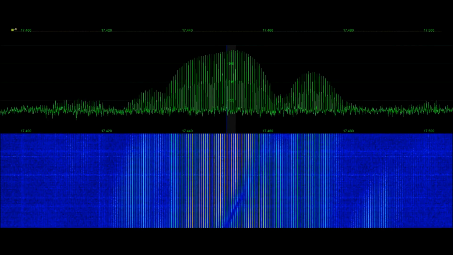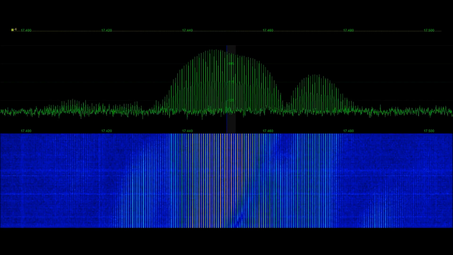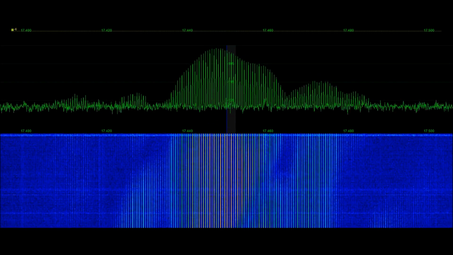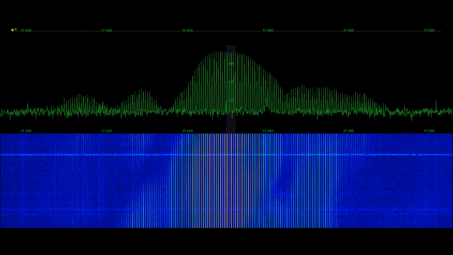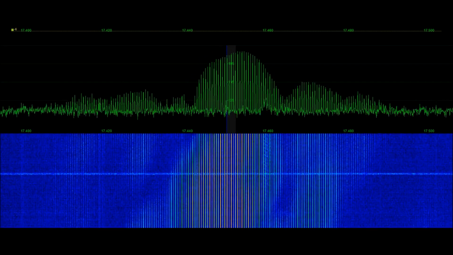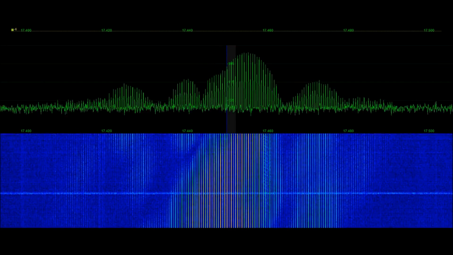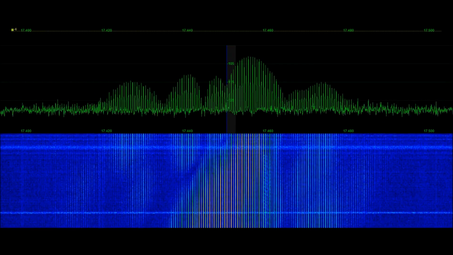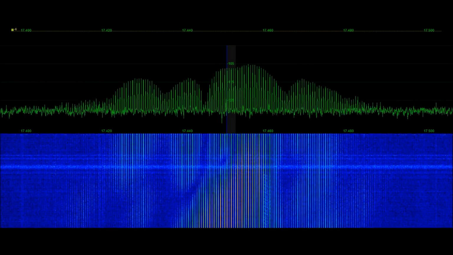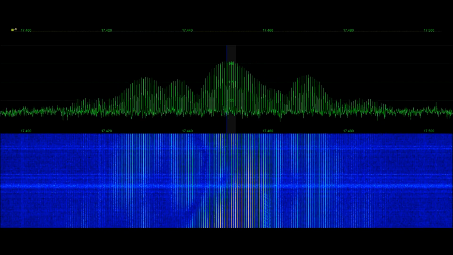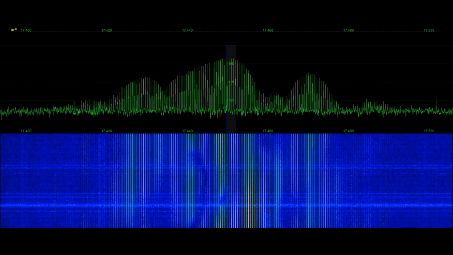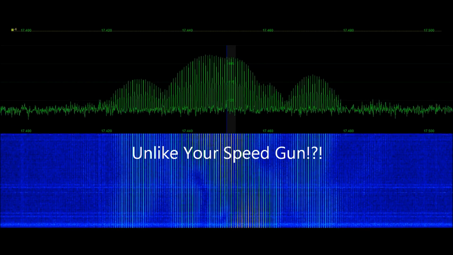This particular Doppler signature, however, really is developed to measure speed either towards or away from its particular point of reference. And that's an interesting attribute here to think about based on the frequency that we're on, which is approximately 17.450 megacycles.